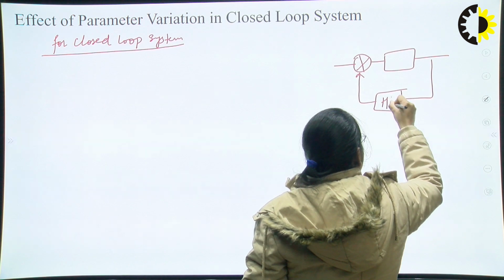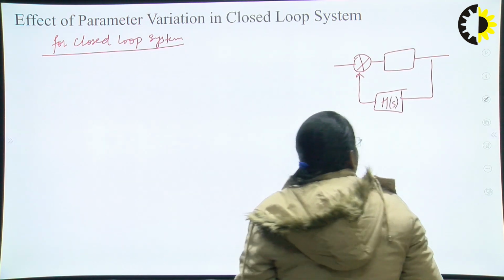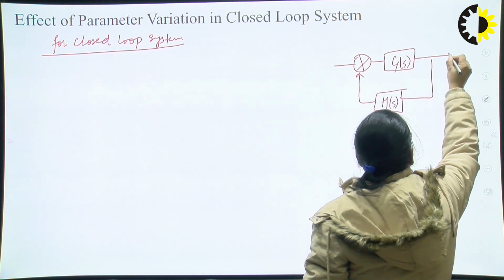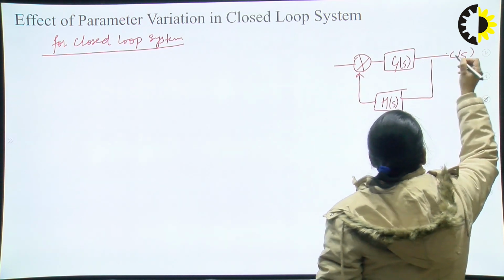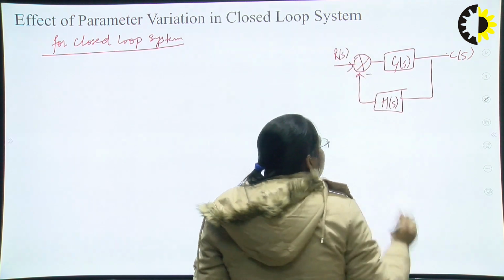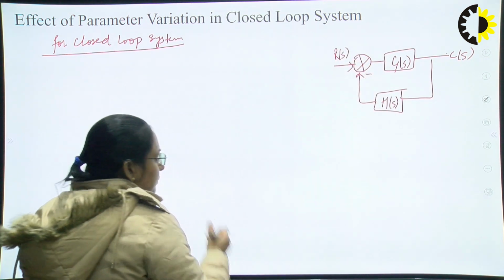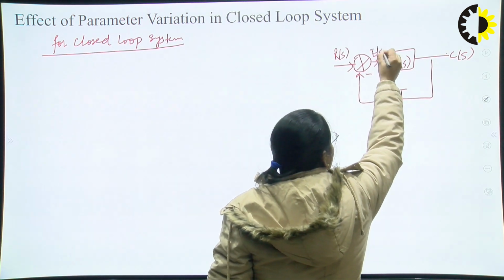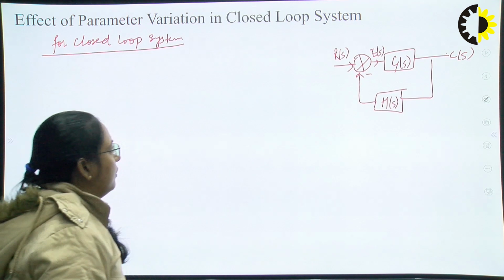This is H(s), which is the feedback, and G(s) is the forward path gain, H(s) is the feedback path gain, C(s) is the output here, R(s) is the input here, and I am taking negative feedback. The error comes out from the summation.